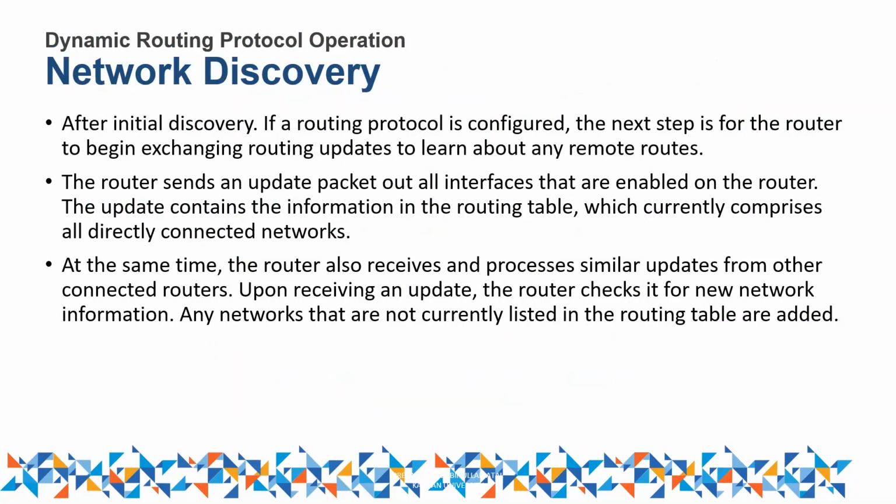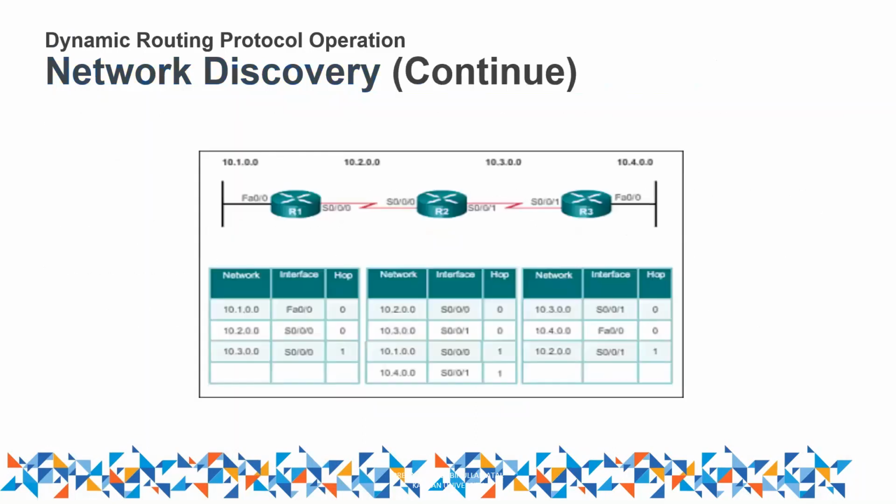So after initial discovery, network discovery will take place. In the network discovery, the routers will exchange the routing table with each other. So dear students, let me explain this. For example, before, this was the routing table with each router. 10.3.0.0 was the entry of which router?